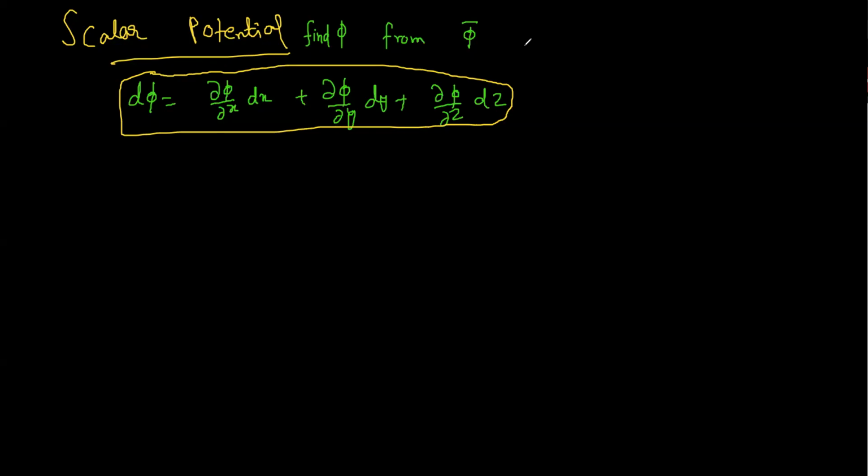And you know how a vector function is formed by using the gradient of phi. So vector is nothing but gradient of phi.